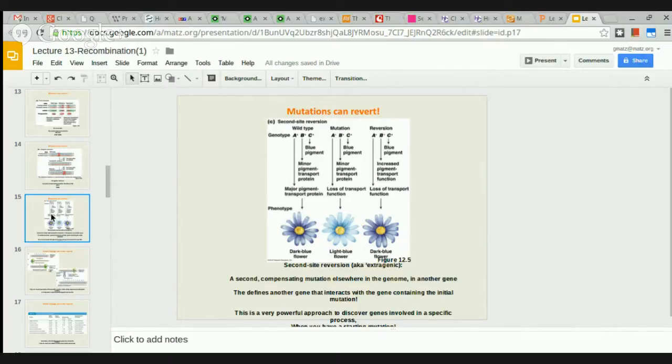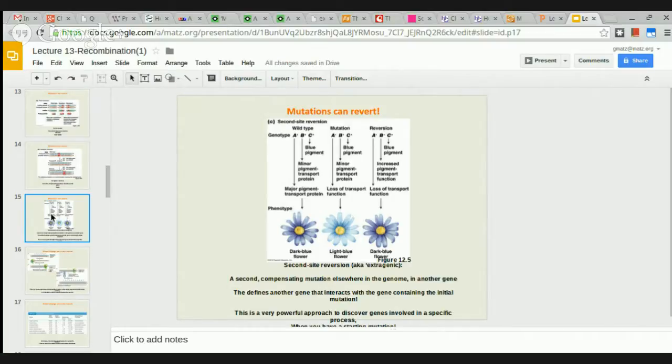It could be, say, increasing the expression of a minor transport protein that's able to transport the pigment, so you go back to wild type. So you mutated another gene, which is called extragenic reversion, and you get extragenic revertants.